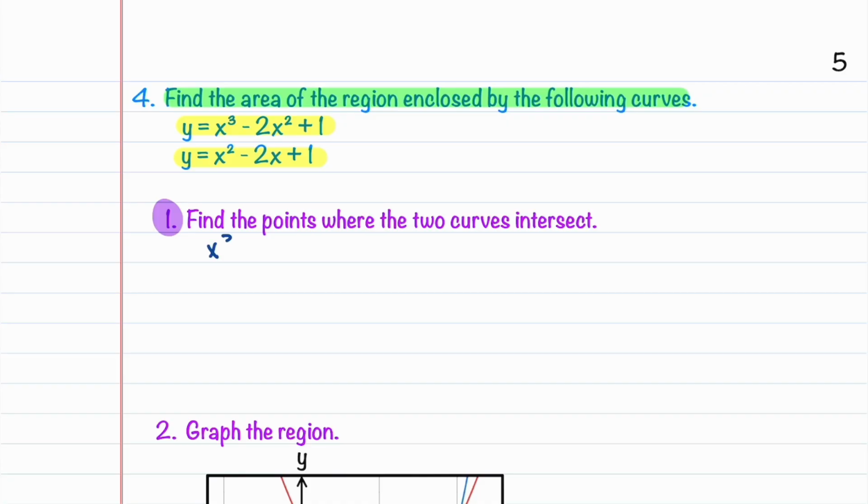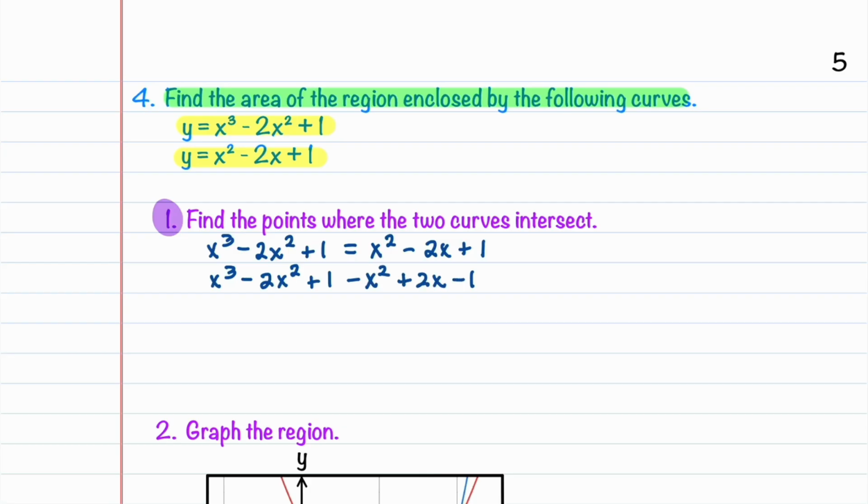This gives us x cubed minus 2x squared plus 1 is equal to x squared minus 2x plus 1. Let's go ahead and pull everything over to the left. We have x cubed minus 2x squared plus 1 minus x squared plus 2x minus 1 is equal to 0.